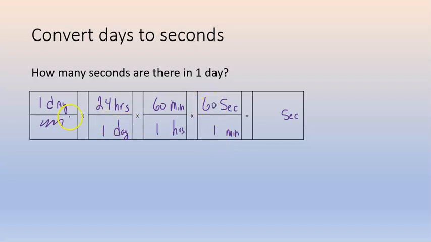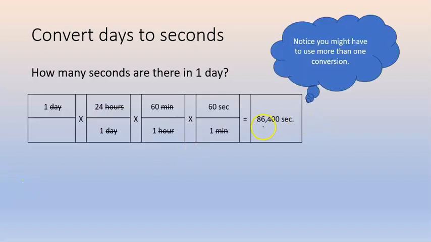So in this particular equation, you'll notice that I'm multiplying 1 times 24 times 60 times 60, and in the denominator I have 1 times 1 times 1, so I'm not actually dividing anything. So when you run that through a calculator, you will notice you get 86,400 seconds. So try it and see. But you'll notice that I am canceling off my days, I'm canceling off my hours, I'm canceling off my minutes. The only thing I have left is seconds.